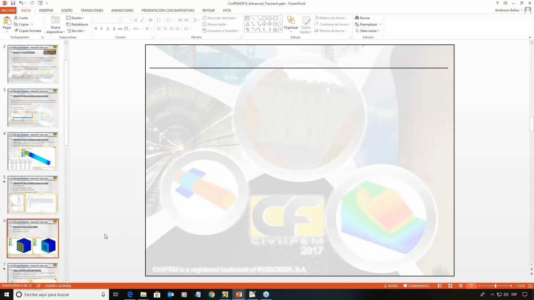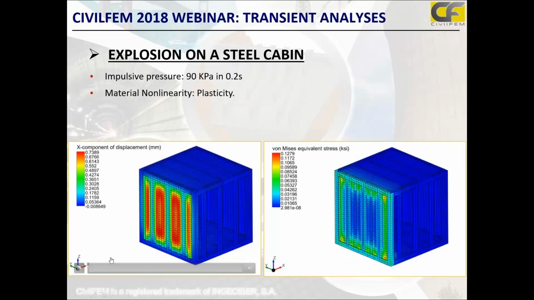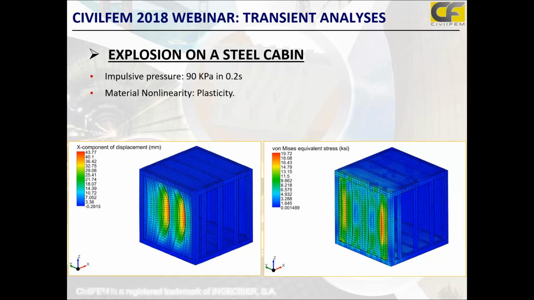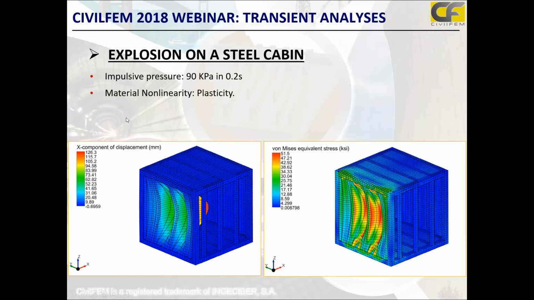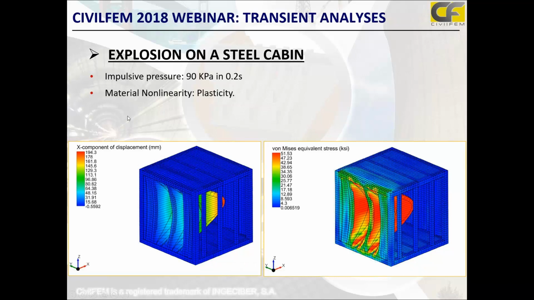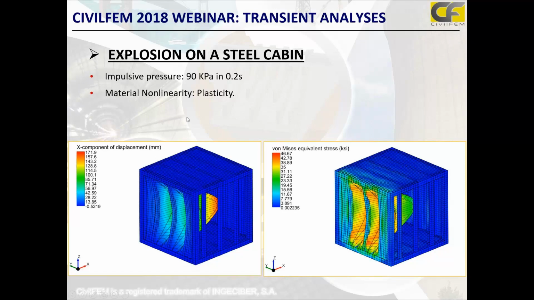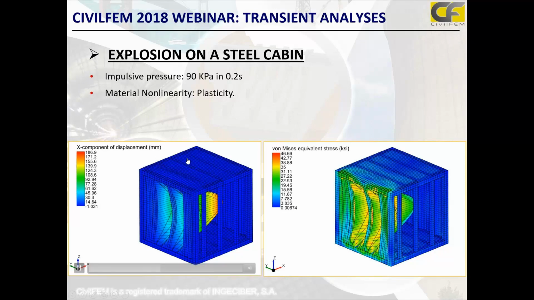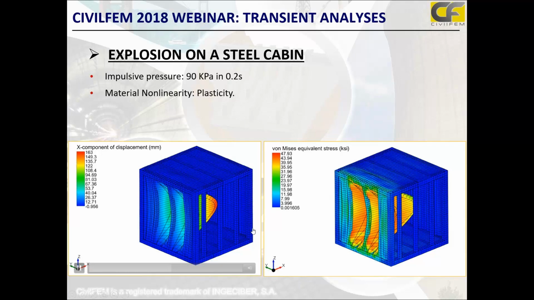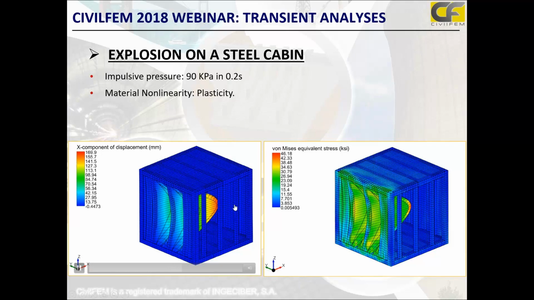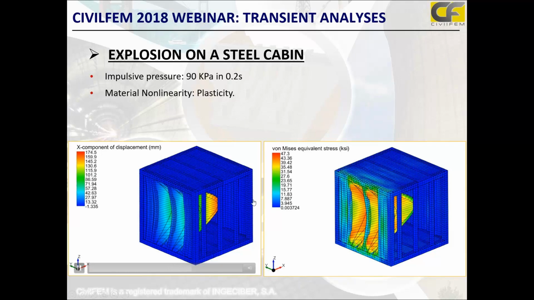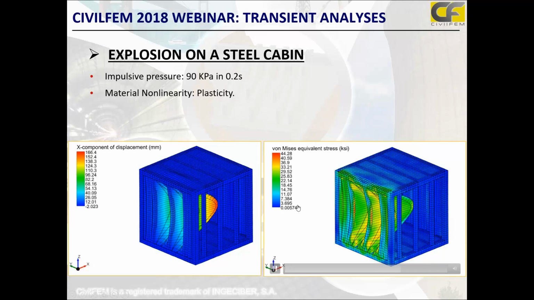Of course, in CivilFEM you can animate and create your own videos. Here we plot the component of the X displacement, and you can see the rebound and how this explosion affects as well the roof and other panels and other walls.